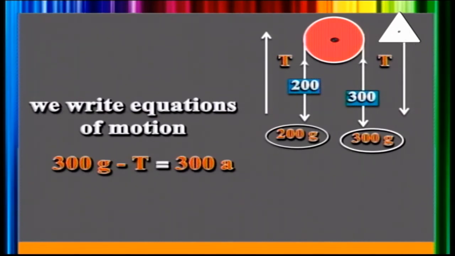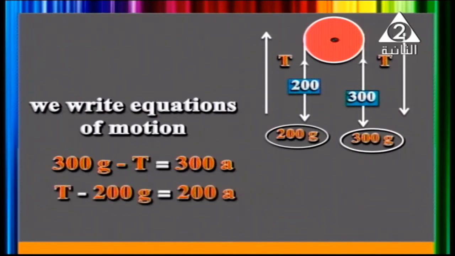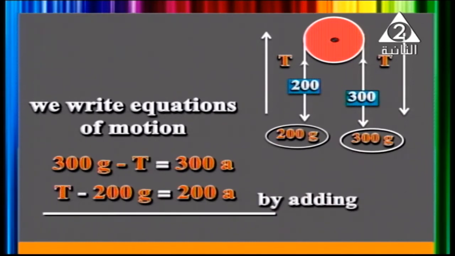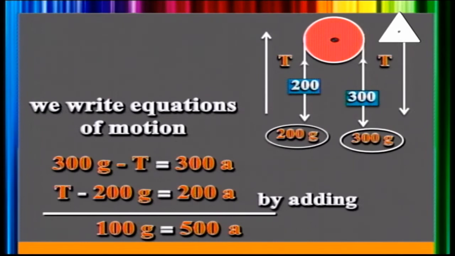The second: T minus 200 g equals 200a. We have two equations. To find the value of acceleration, by adding, we find 100 g equals 500a.